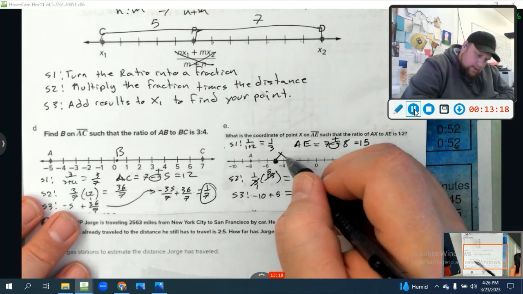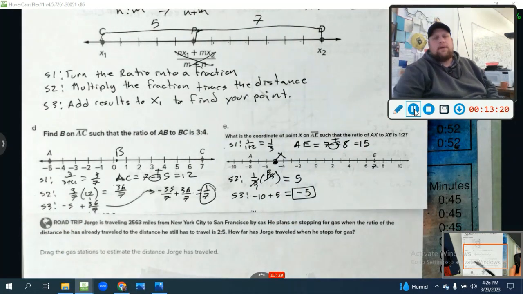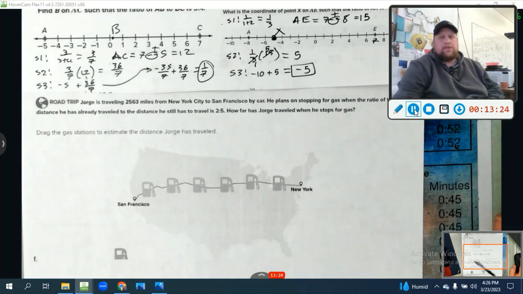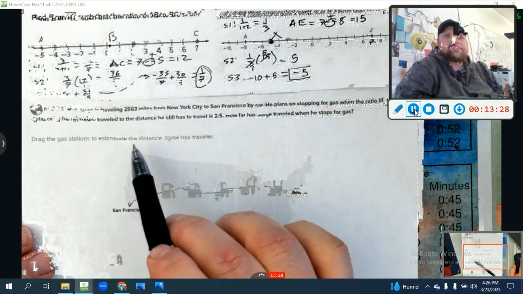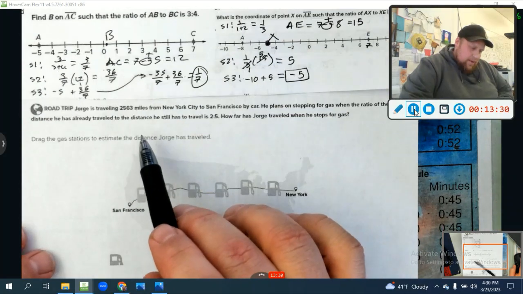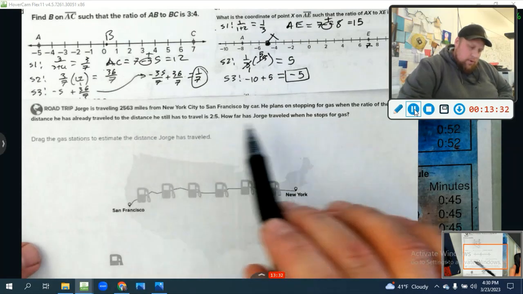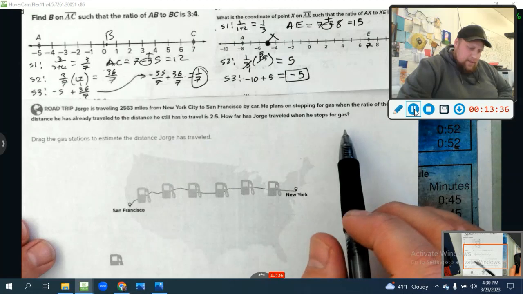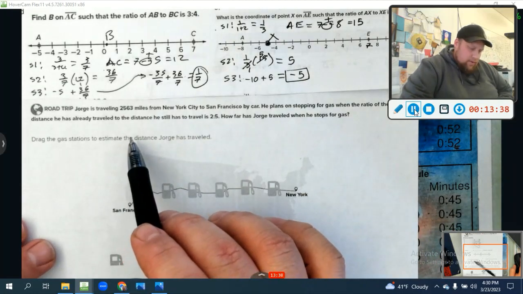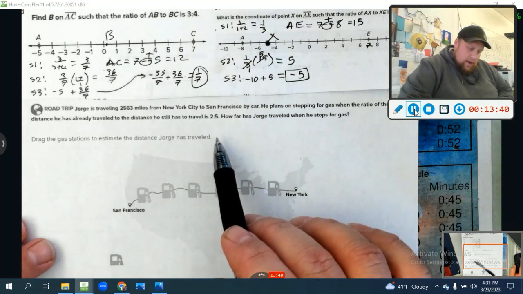Since we're starting from 0 to find the distance traveled, we're just going to multiply 2/7 times 2,563 miles. Just let me get my handy dandy calculator out. 2 times 2,563 divided by 7. Boom.